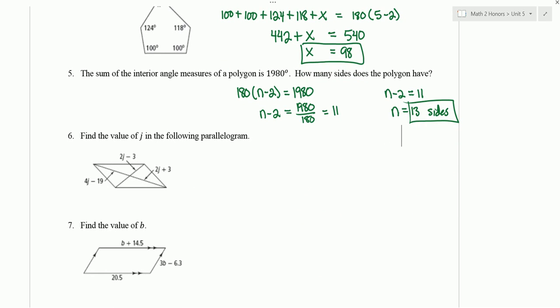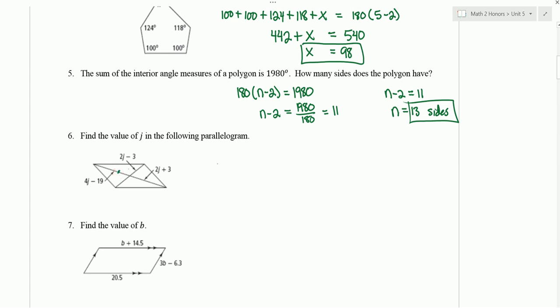Number 6, find the value of j in the following parallelogram. So one of the properties of a parallelogram is that the diagonals bisect each other, or they cut each other in half.